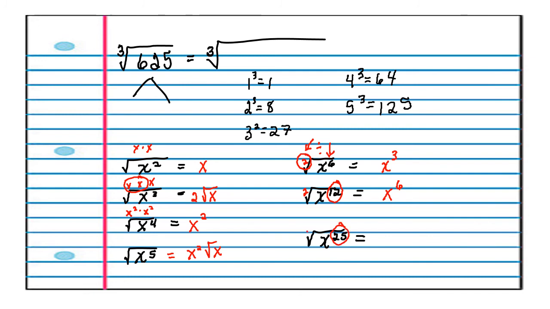Likewise, 25 divided by the 2 goes at least 12 times, so we'd have an x to the 12th power. This is just things to do with exponents. Radicals are basically the inverse of exponents. That 25 divided by 2 is 12 with 1 left over, and he's the guy who stays inside.